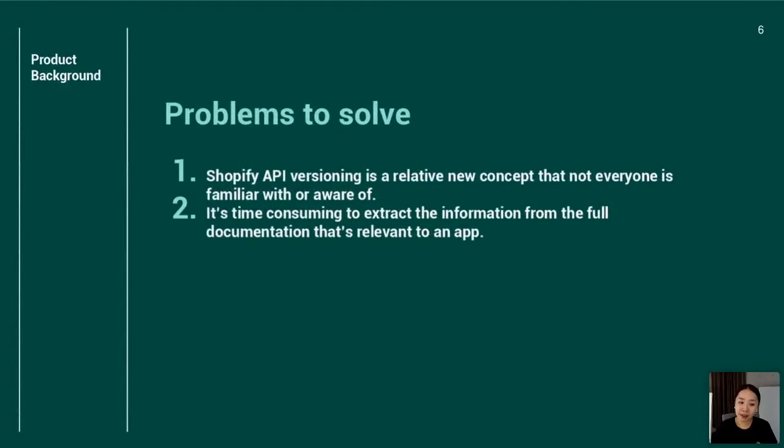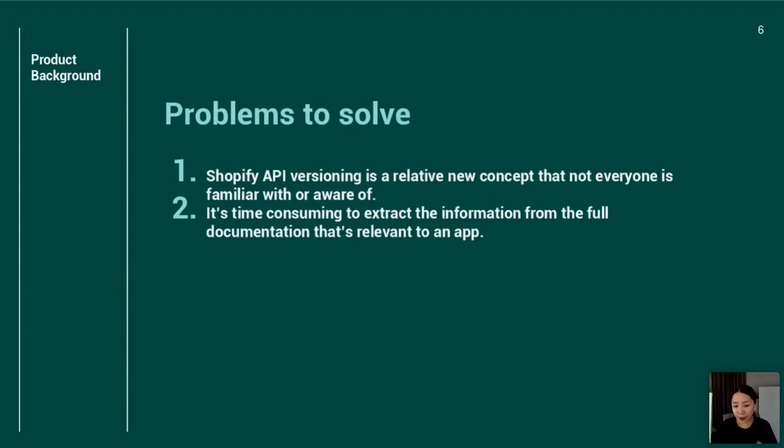So we understand that staying up to date with Shopify takes valuable development time from our third-party developers. To make it easier for developers to stay on top of coming versions, we introduced a tool in the partner dashboard, API Health Report, which is the topic for us to talk about today. Initially, there are 2 major problems we're trying to address that block our developers from staying up to date. Firstly, Shopify API versioning is a relatively new concept that not everyone is familiar with or aware of.